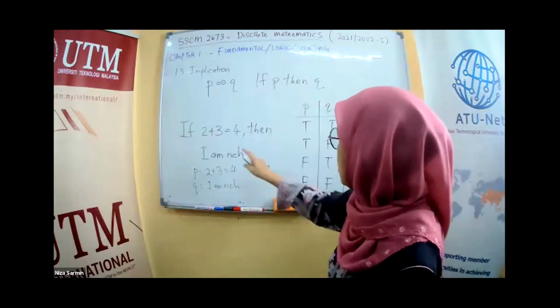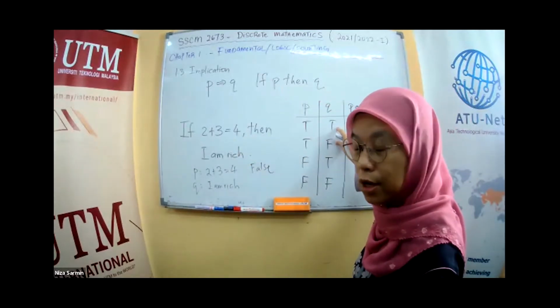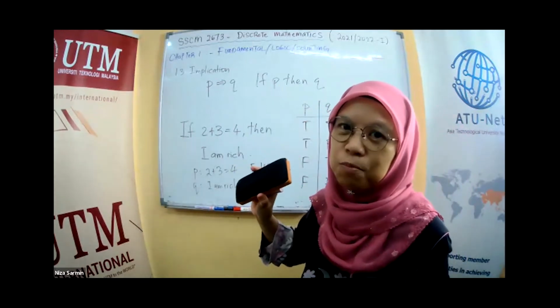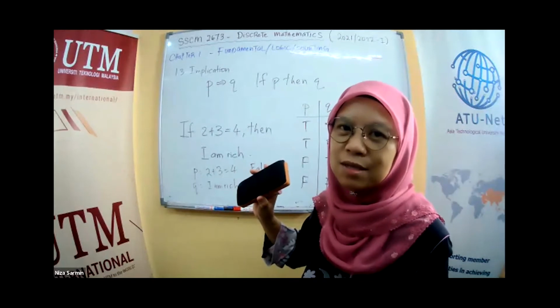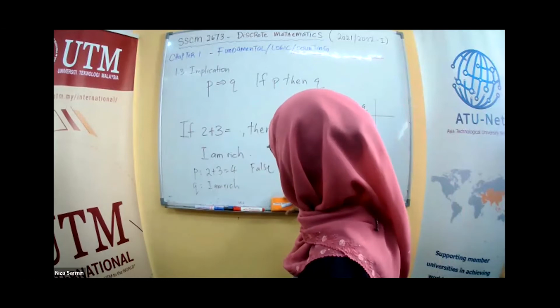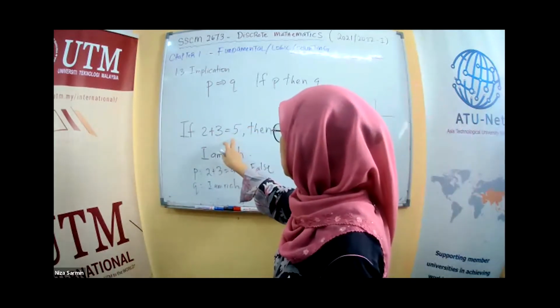If the first one is true, it depends on this one. I won't give you this because you probably will give a different answer to whether I am rich or not, right? If I give you a question like this, then this is true, and then it depends.